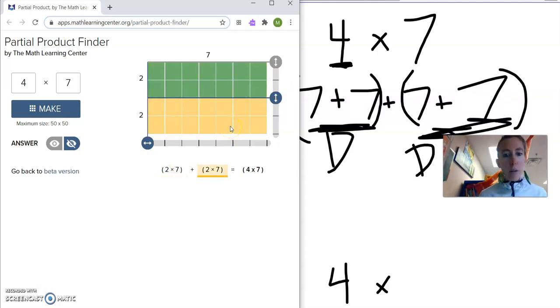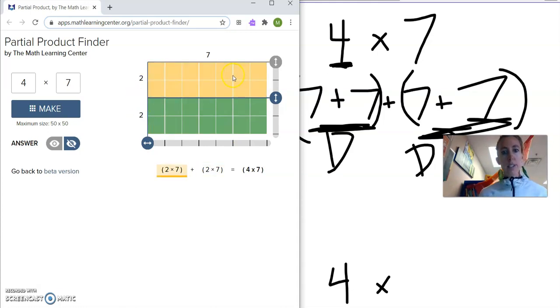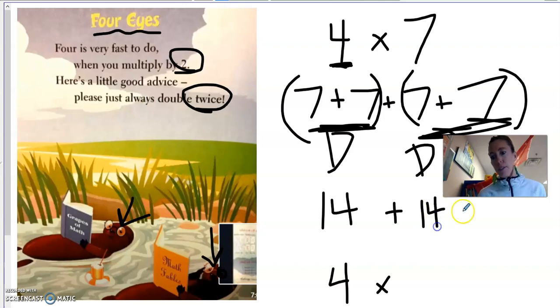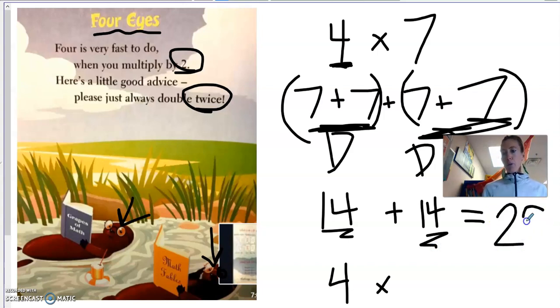So if I just decompose that 4 into 2 and 2, I can think smarter and I can say, well, double 7, that's what? Boom, that's another double. Double 7 is 14. And then I just have another of that double 7. I have the double double, okay? Which is why they're saying 4 eyes instead of just 2. Doubled it. So 14 and 14 will give me my product of 28.